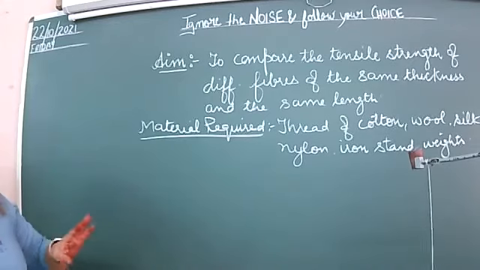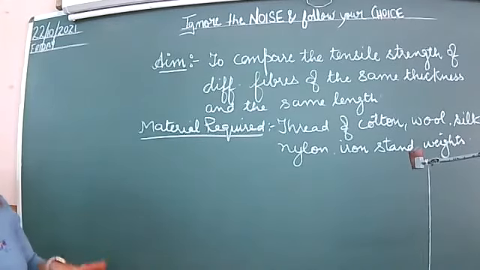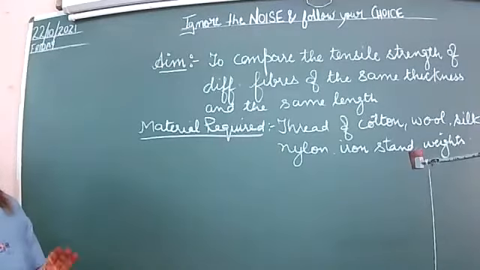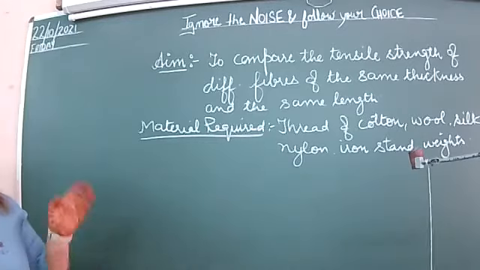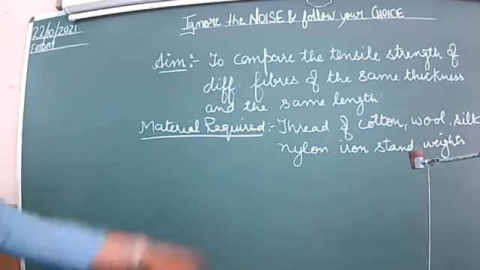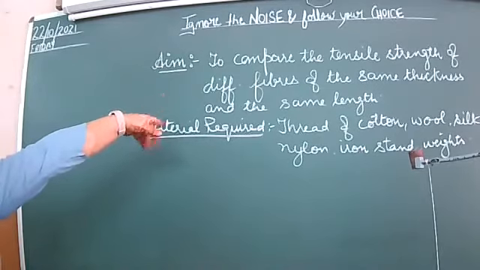First we will take a cotton thread, add weight and observe it. Then we will change the thread, taking the nylon thread or the wool or the silk, and write down the observation. We observe that the nylon thread holds the maximum weight. And what is the conclusion?